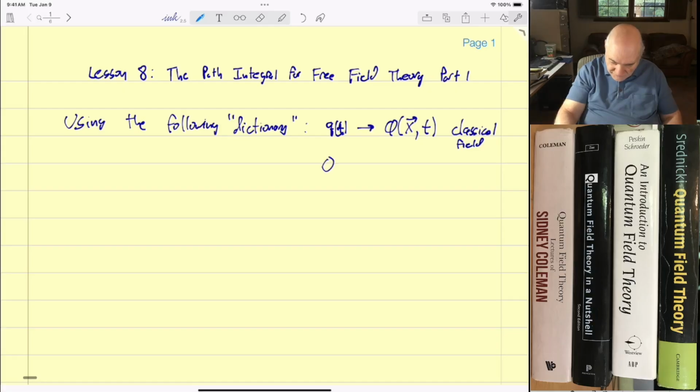And if we're dealing with operators, like in quantum mechanics, now we use the same notation. If we were in beginning quantum mechanics classes, we would put the hat there, but we don't really bother with this in quantum field theory.